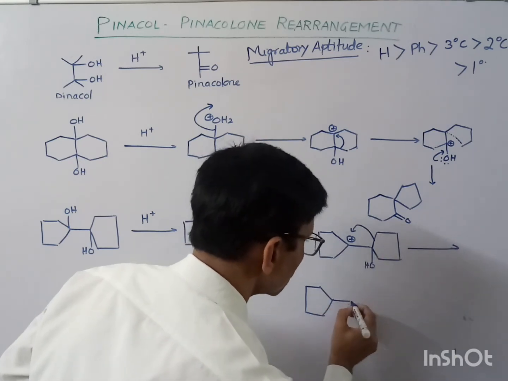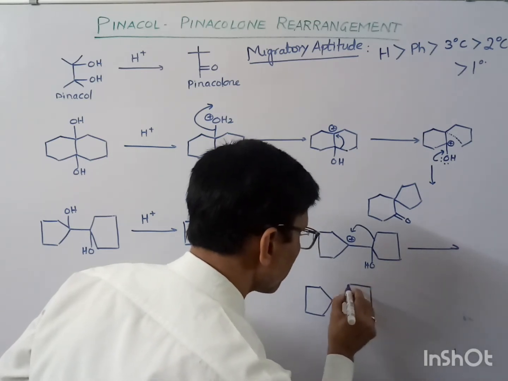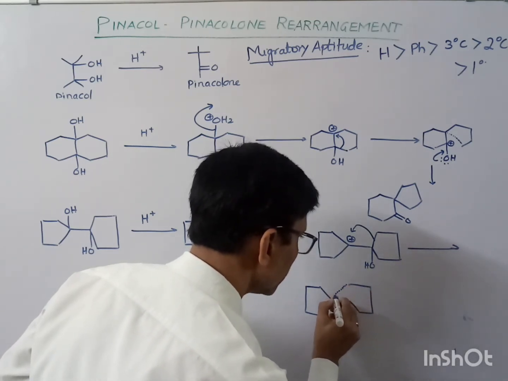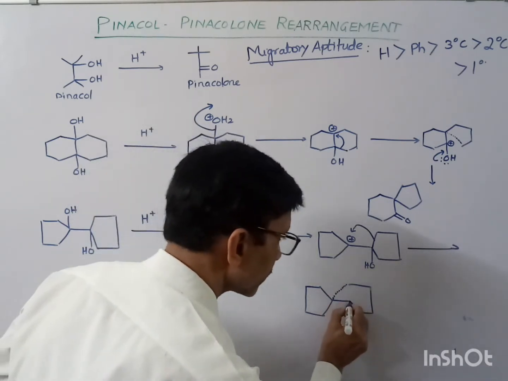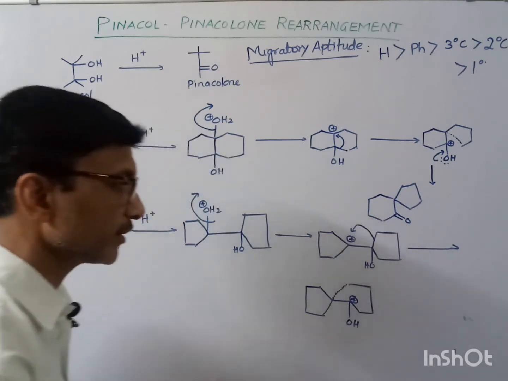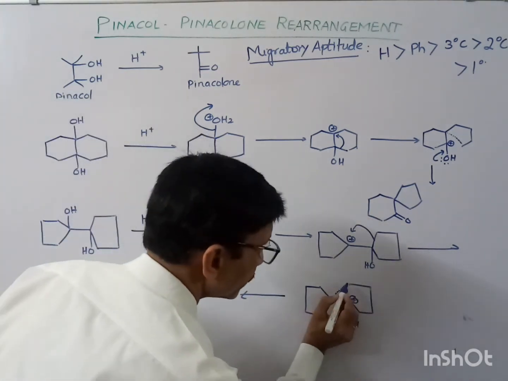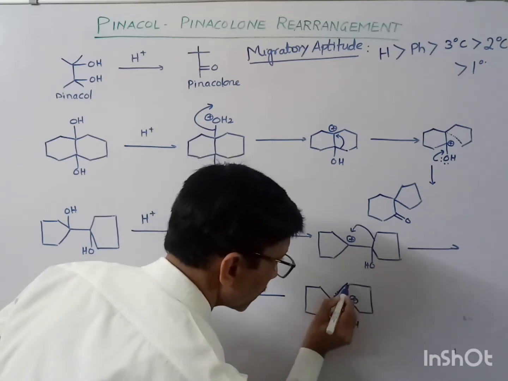okay, so the new bond is formed over here, and this is the new positive charge which is being generated over here. Now in next step you may join this bond.